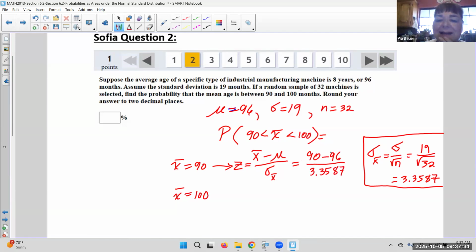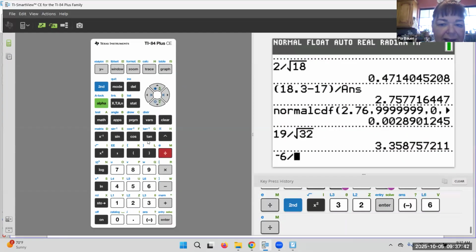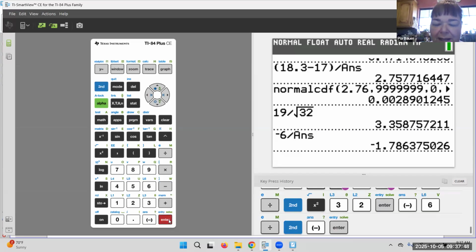So 90 minus 96 is actually -6. So I'm going to take -6 divided by the answer from the previous step. So I go second and the negative sign. And this is a z-score, and when we're using tables, we usually use only 2 decimal places for the z-scores. So I'm going to change this to -1.79.